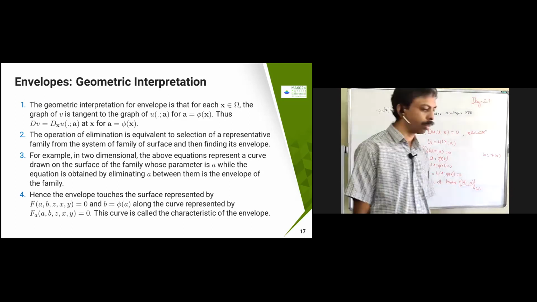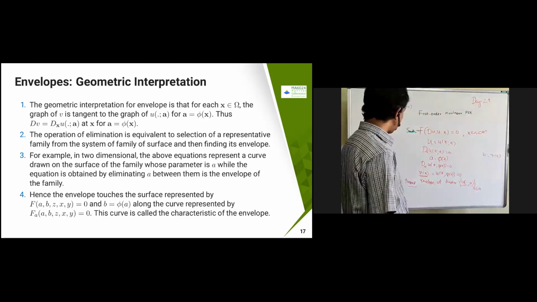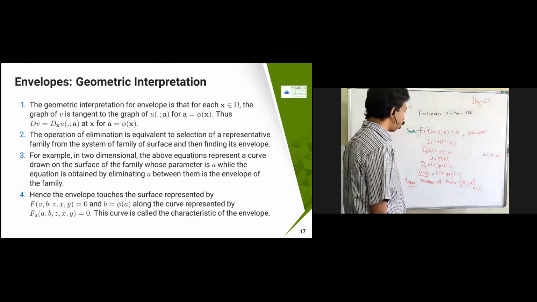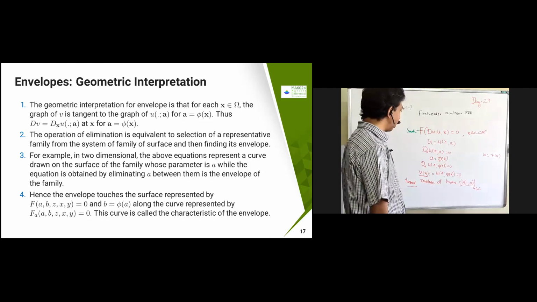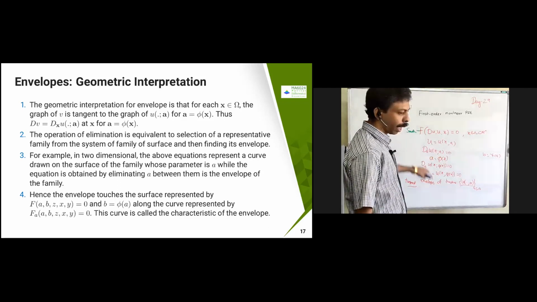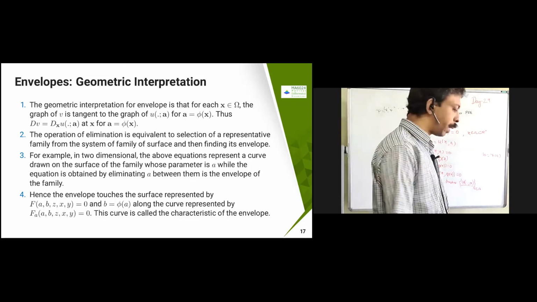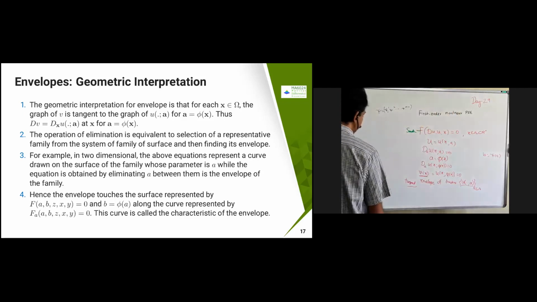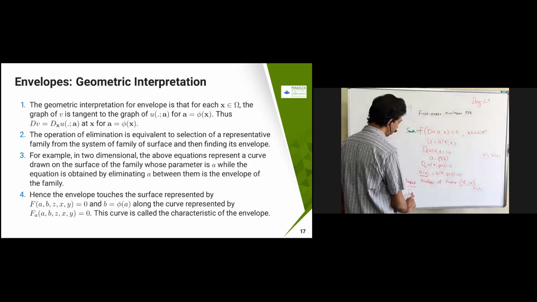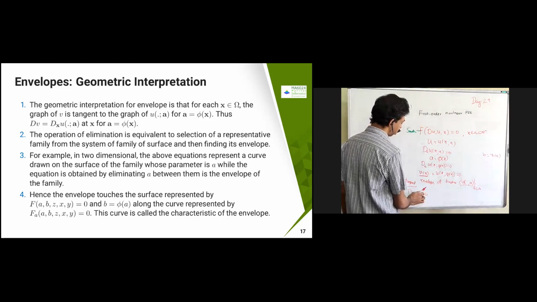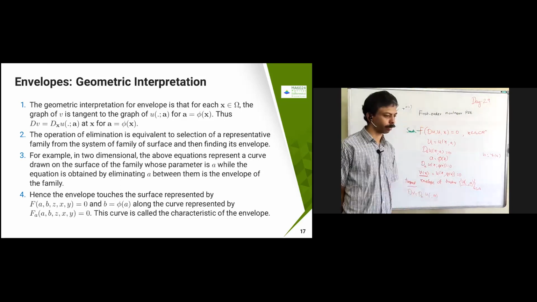Where is it tangent? At the point a equal to pi of x. So dv is exactly the same as d_x of u of a.